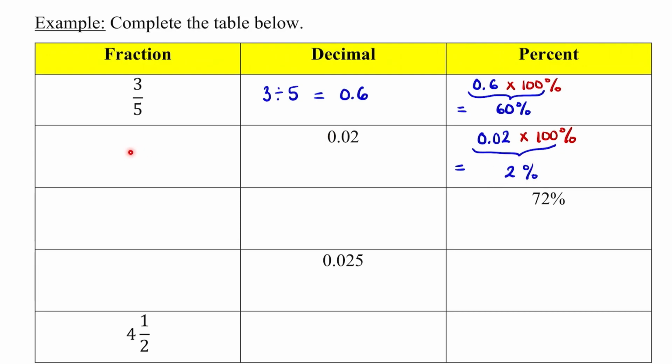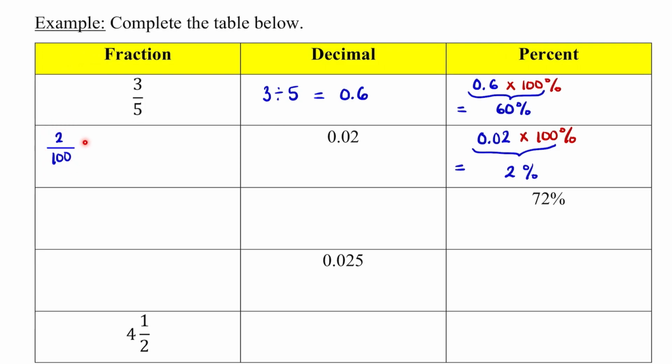I want to write 0.02 as a fraction. Instead of using the decimal, I will use the percent. 2% is equivalent to 2 over 100. 2 over 100 is a fraction. 2 and 100 both have 2 as a common factor.